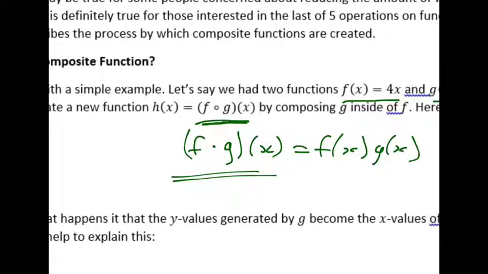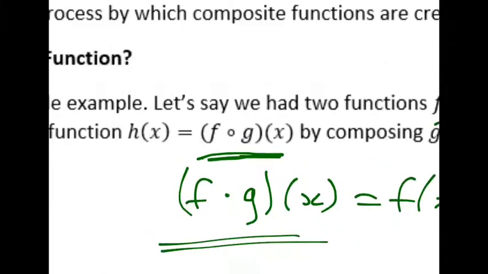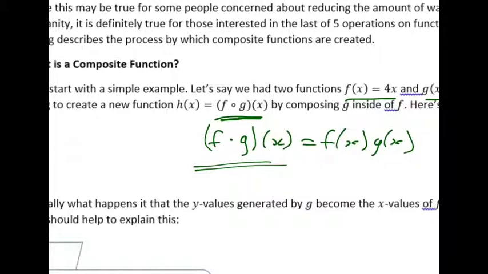But when you have an open dot, like you do right here, you can see it's an open dot. That's a very important difference. The way you say that is you say f of g of x, not f times g of x. Okay? So this right here means f of g of x, or g is being composed inside of f.